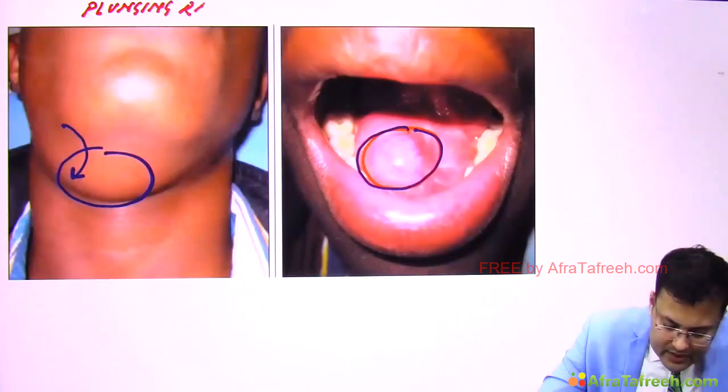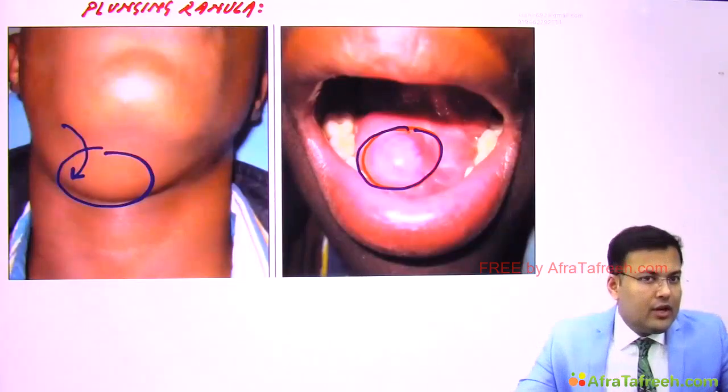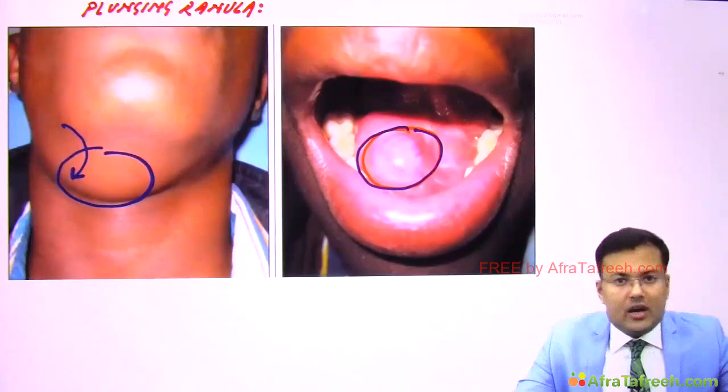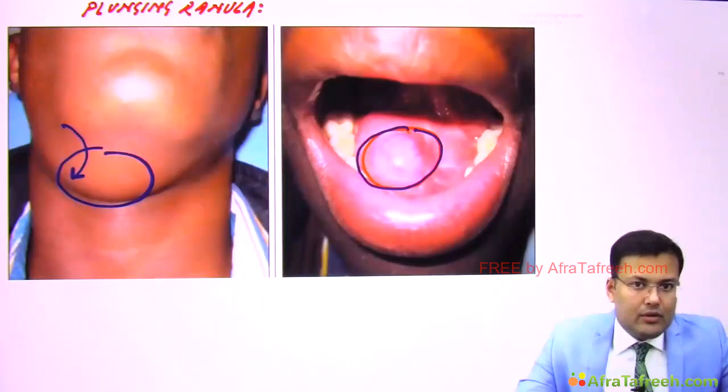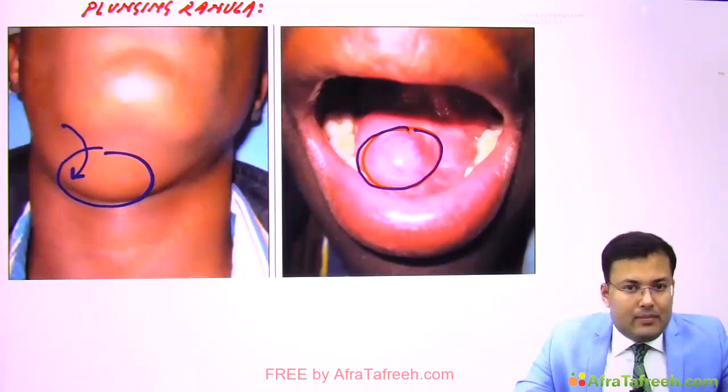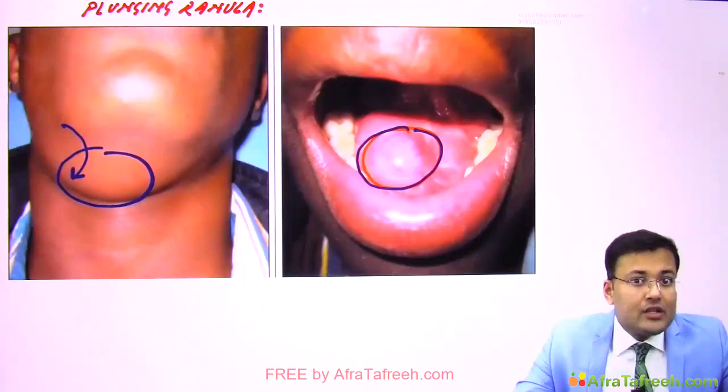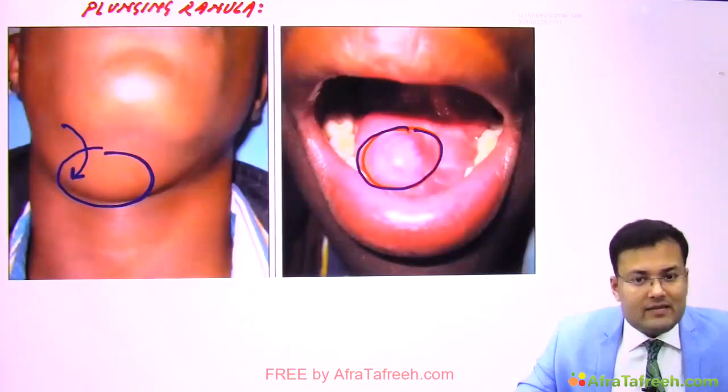Okay, just now we discussed that ranula can be both mucus extravasation cyst or retention cyst. It can be both, but most commonly it is mucus extravasation cyst, and plunging ranula is exclusively mucus extravasation cyst.